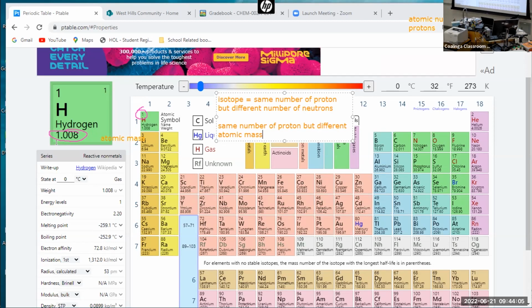Okay, so if we're talking about lithium, its mass number is 7, which means that it weighs 7. The number of protons, let me say P. How many protons does lithium have? 3. So if we want to calculate the number of neutrons, represented by a big N here, we just subtract 7 minus 3, and that's going to equal our number of neutrons.